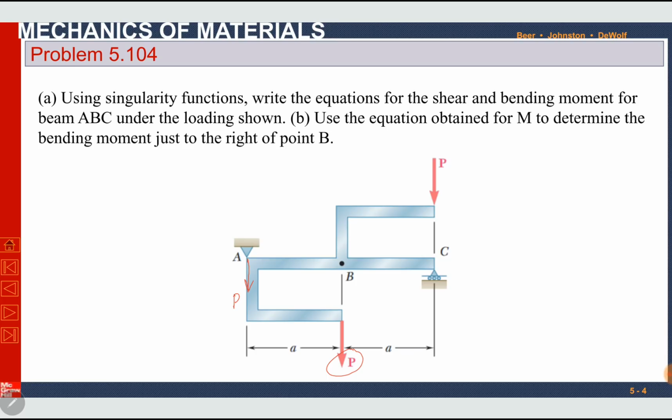So it is being replaced with a force and a couple which it is producing equal to PA. Again, this force P is being shifted to point B and it is also producing a couple PA, because the distance between this force and point B is A. The sense of the couple will be direction of the force.